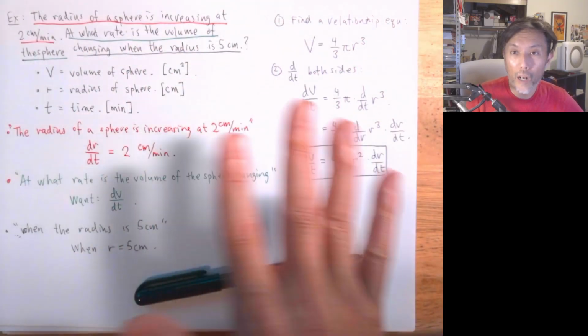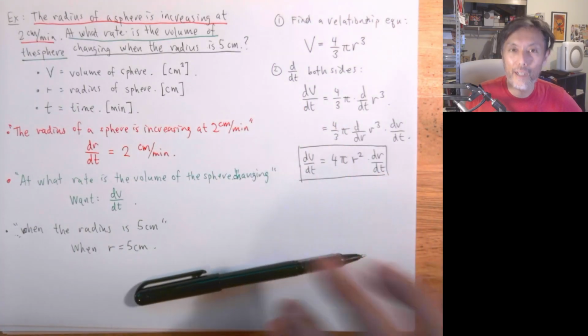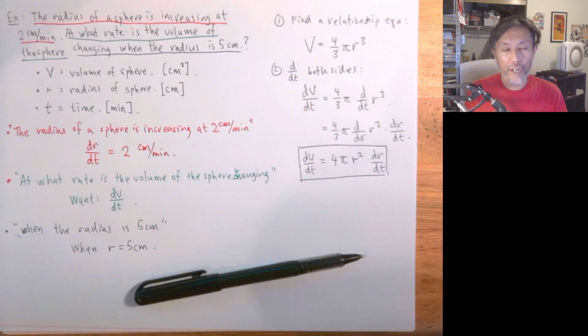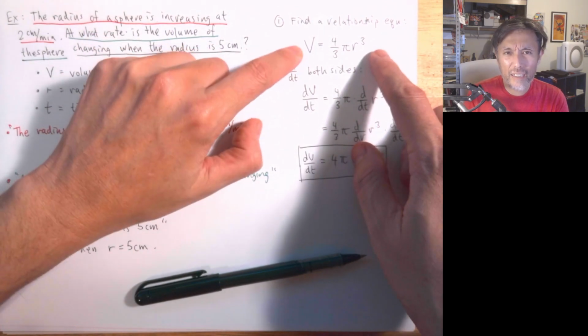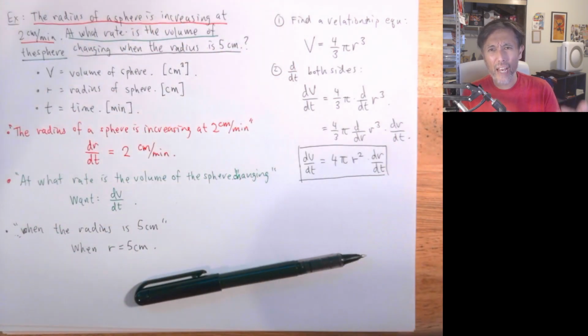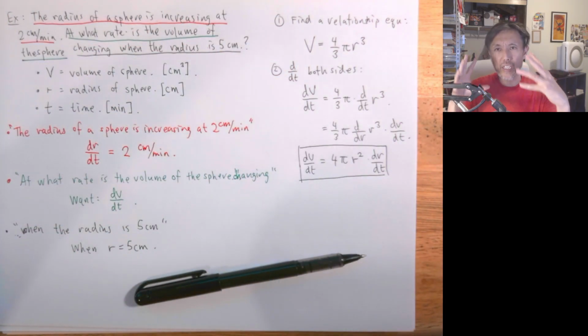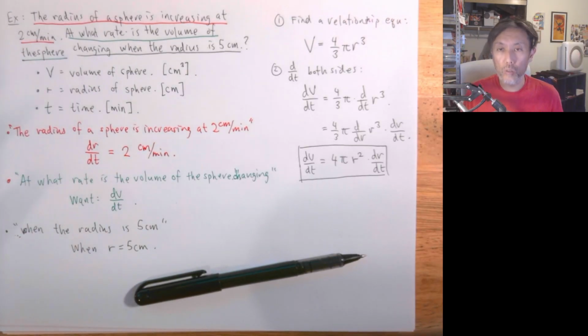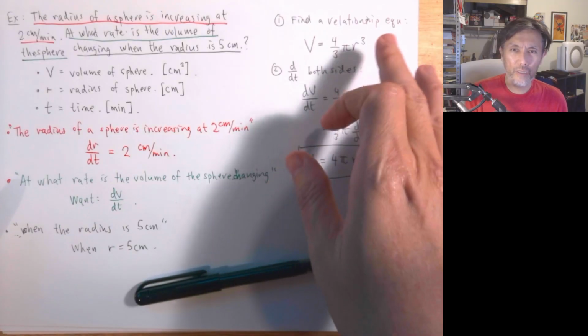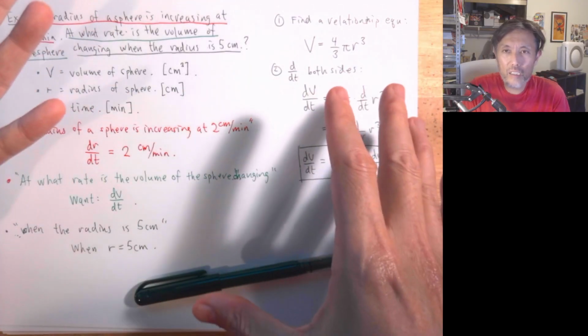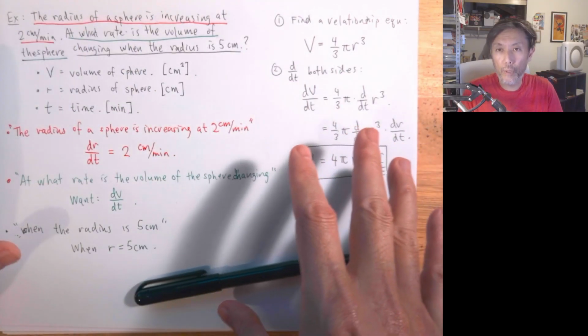You are not wrong. None of what you said there was wrong. But what happens is you then take d dt of both sides of that equation at the particular moment when r is 5, and then you're just totally off the rails because you're just seeing constants in front of you. It all just falls apart after that.